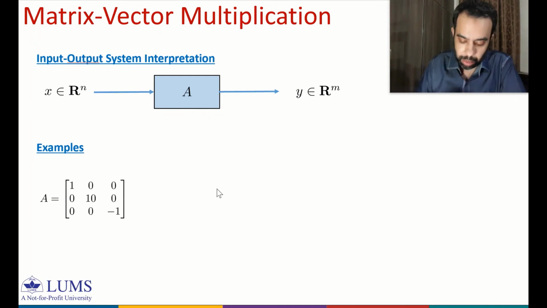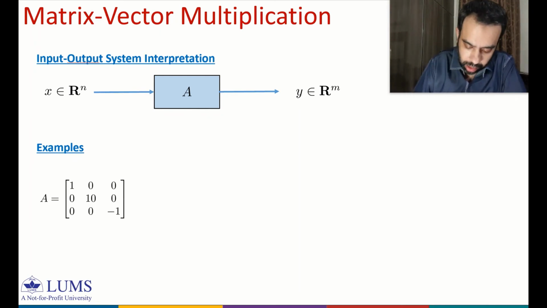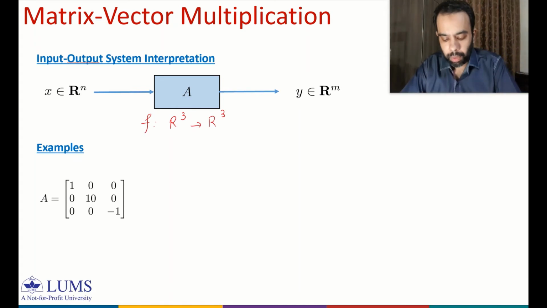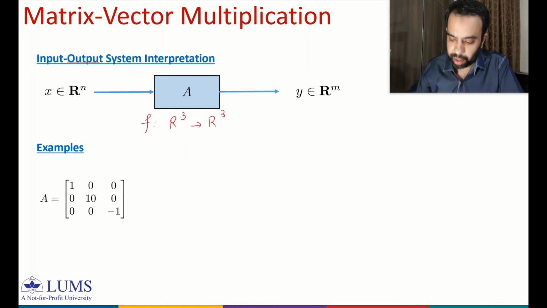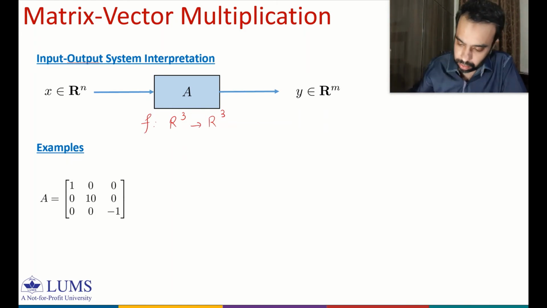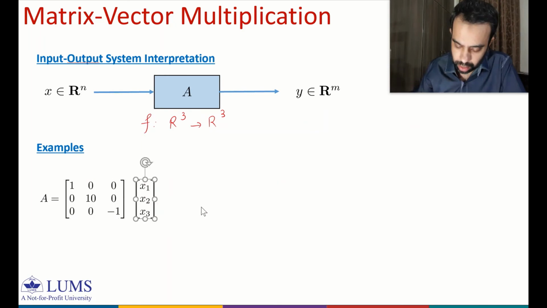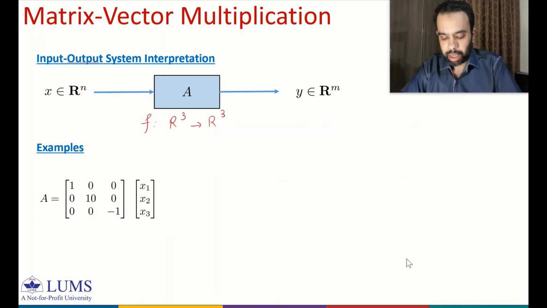N is 3, m is 3. We can say this system maps from R3 to R3. So that means when you define A times x, if I take this x, what do I get? A times x.